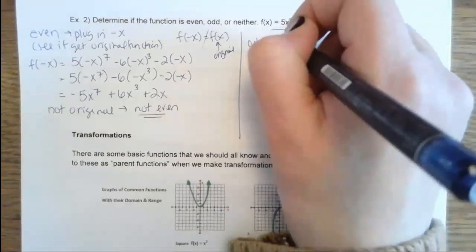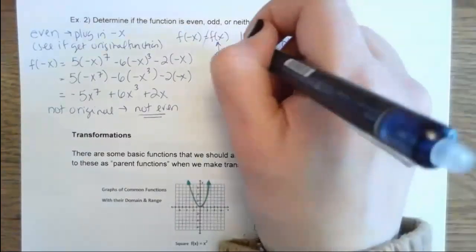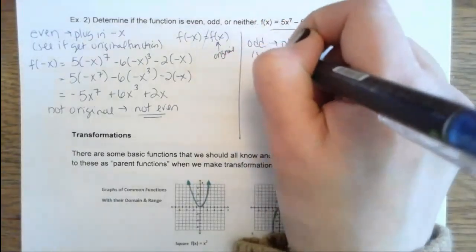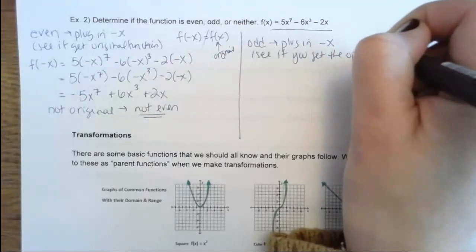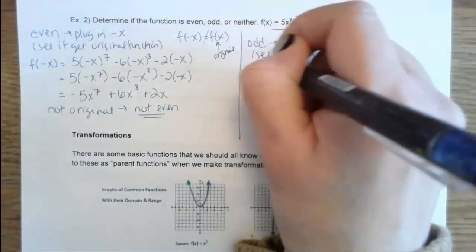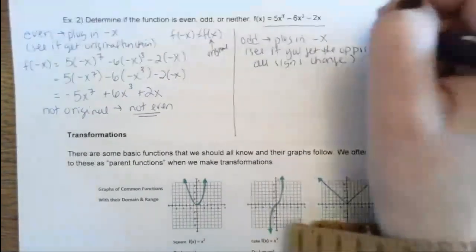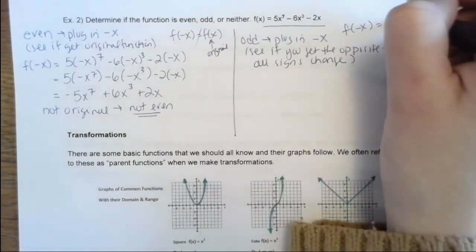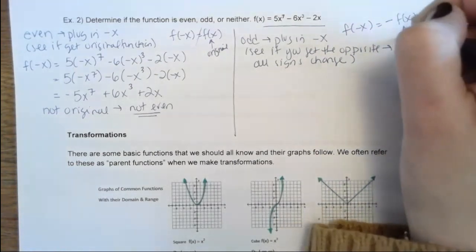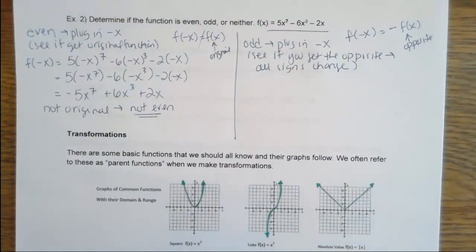Now for odd, again, you plug in negative x here, but you're going to see if you get the opposite function. By opposite, I mean that all signs are going to change. So what you're looking for here is when you plug in a negative x, do you get the opposite function? Right? So all those signs are going to change over.